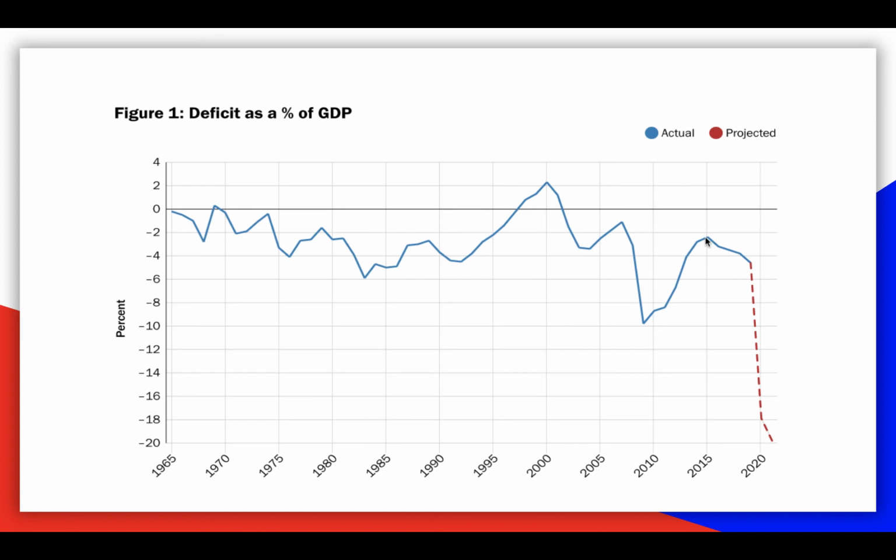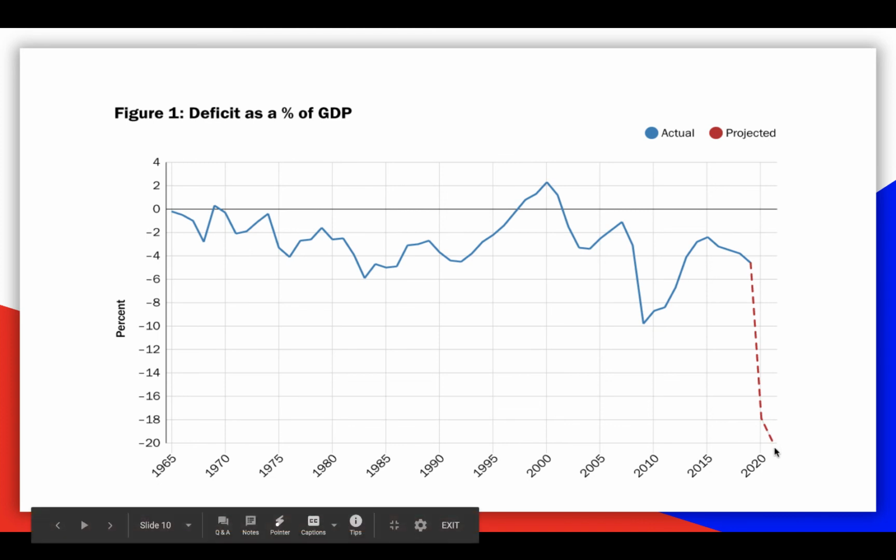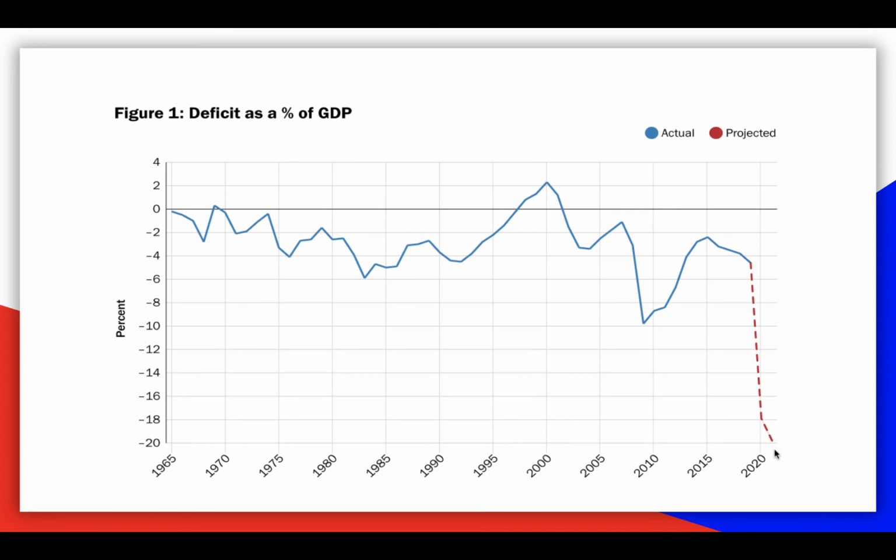But then it has sort of declined since 2015. And you can see that the deficit as a percent of GDP is currently around negative 4%. And through this year, it's probably going to be something like negative 20%. So really our debt and deficit projections are likely going to be a bit worse by 2030.